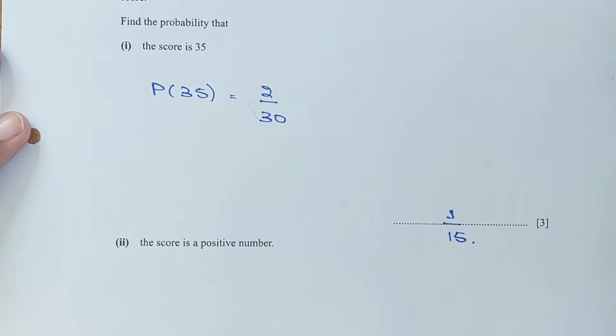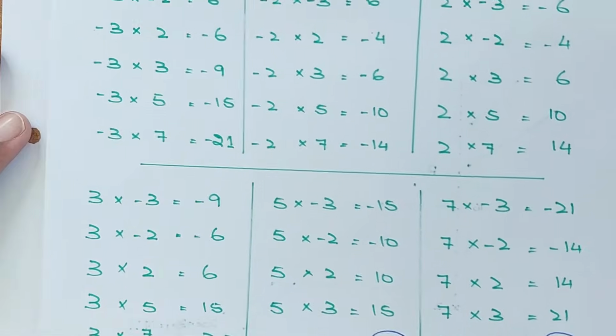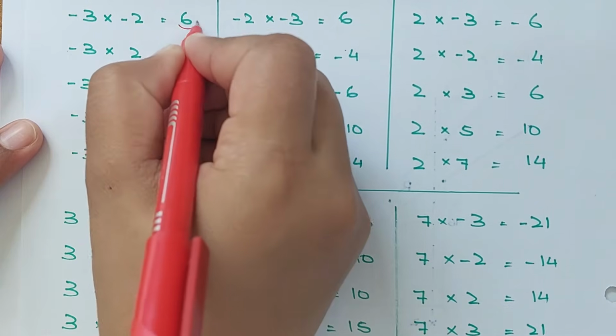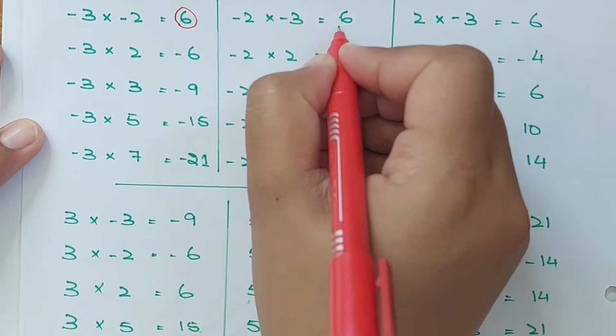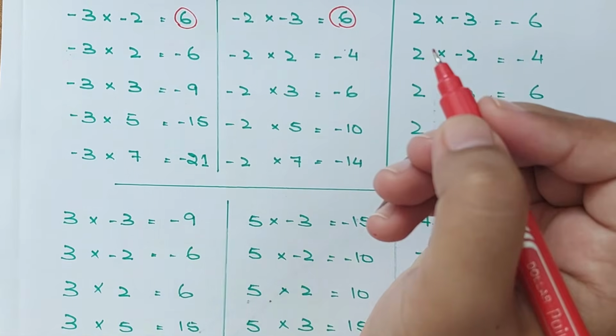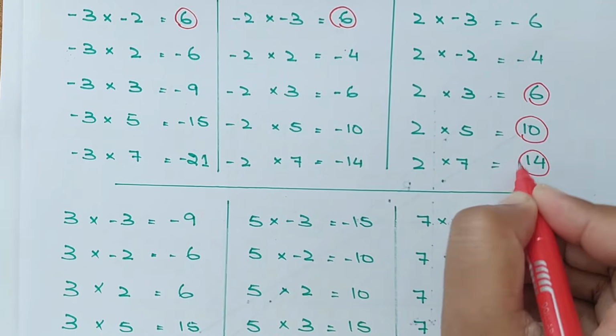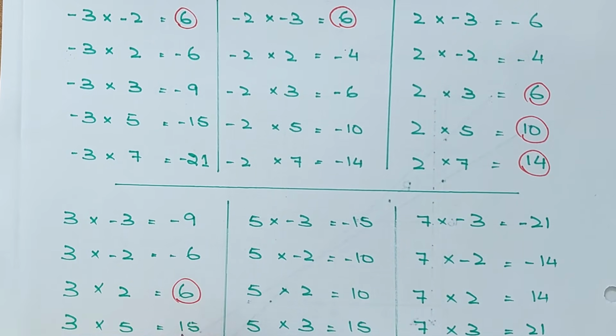All right. Now for the second part, the score is a positive number. How many numbers are positive? We have to pick the positive ones. So 1, 2, 3, 4, 5, 6, 7, 8, 9, 10, 11, 12, 13, 14.